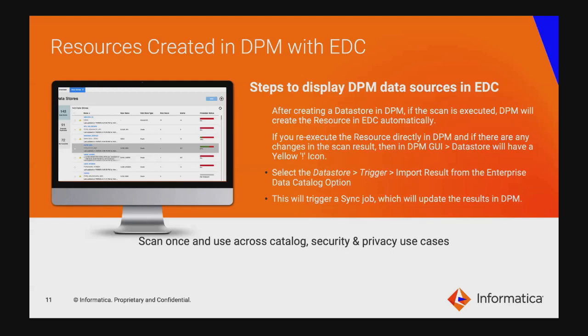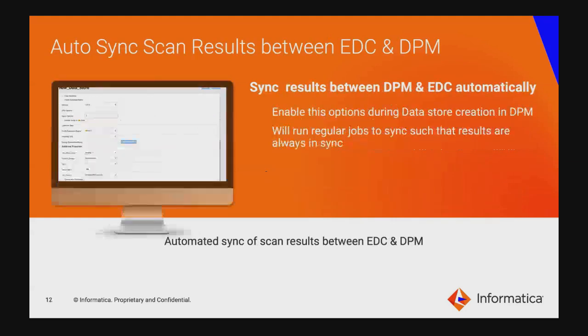Again, the power of the platform. The other part that you can do is create an automated sync. When you create a data store in EDC or DPM, or even otherwise, you can edit a data store in DPM and say that I want to do an auto sync. What the auto sync option does is automatically sync results from EDC into DPM.